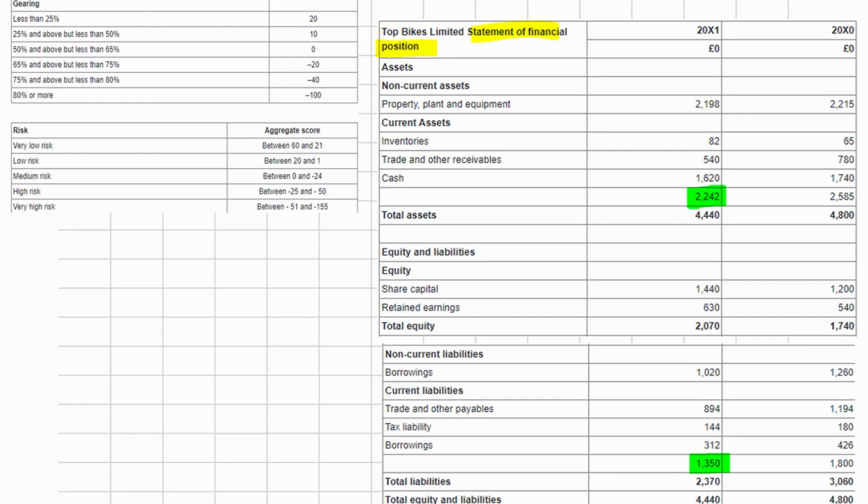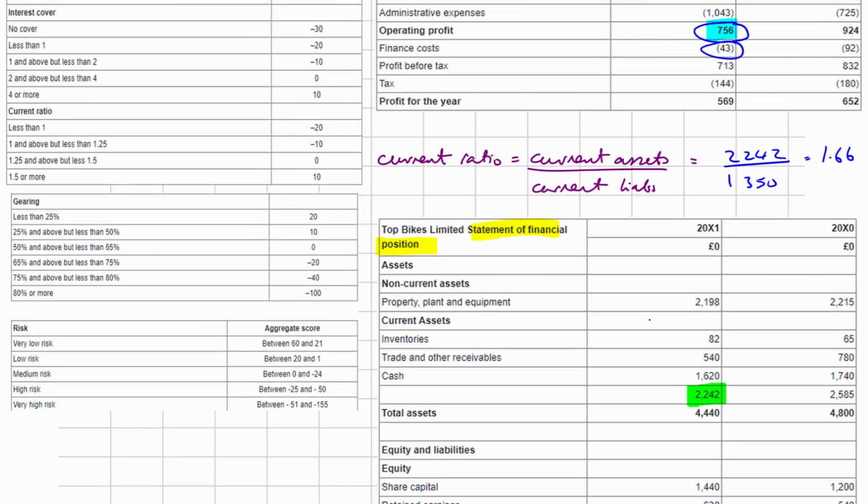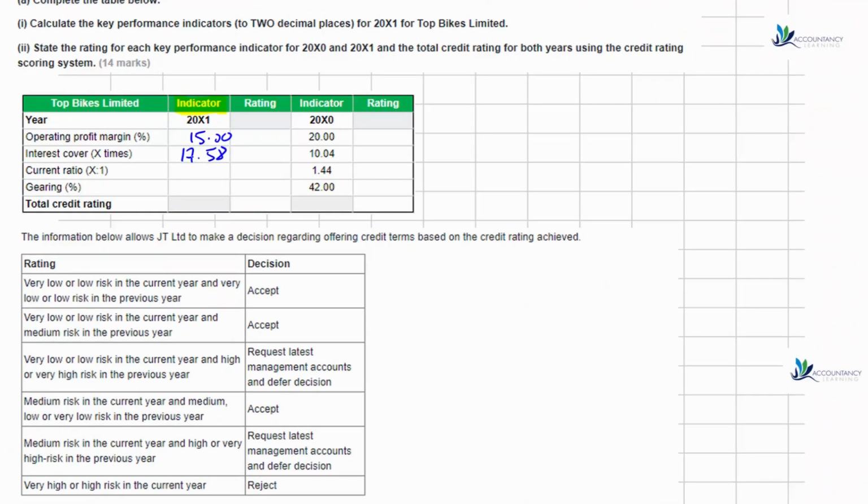So we have 2,242 divided by 1,350. That gives us a current ratio of 1.66. Again, that's to 2 decimal places because that's the requirement in the exam software. This is greater than 1, so that looks like a good thing.